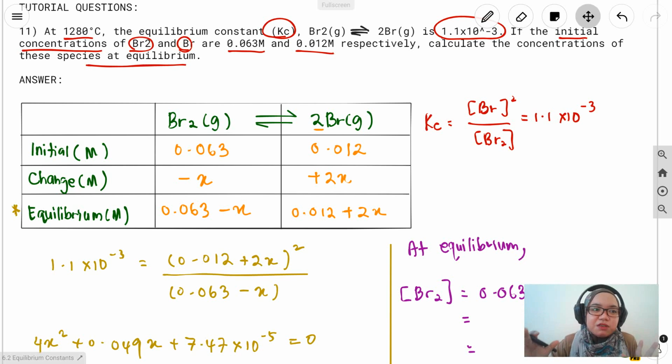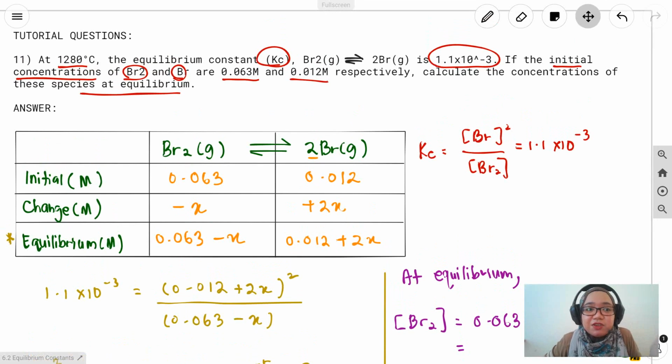So just now I have explained question 11. Let's read it again. Question 11: at 1280 degrees Celsius, the equilibrium constant Kc is 1.1 times 10 to the power of negative 3.